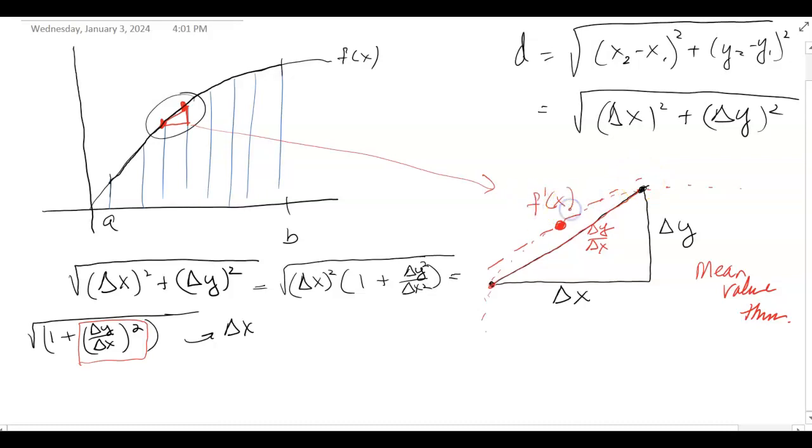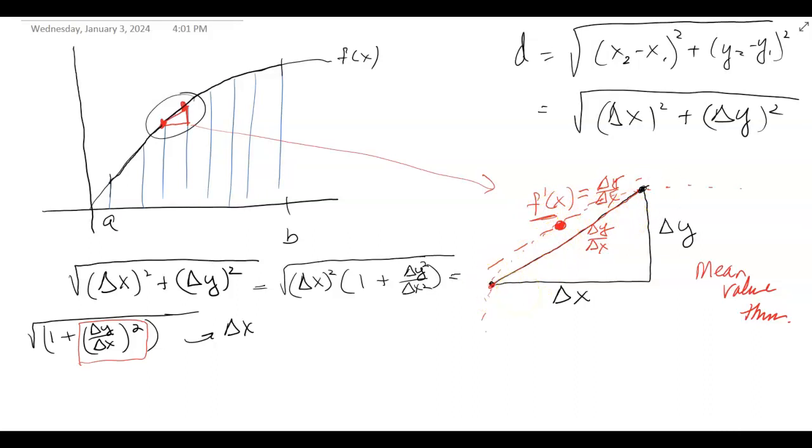We called it f prime of x, that was equal to delta y over delta x. So in other words, there exists a point between these two where the slope, or the derivative of the function, is equal to change in y over change in x.